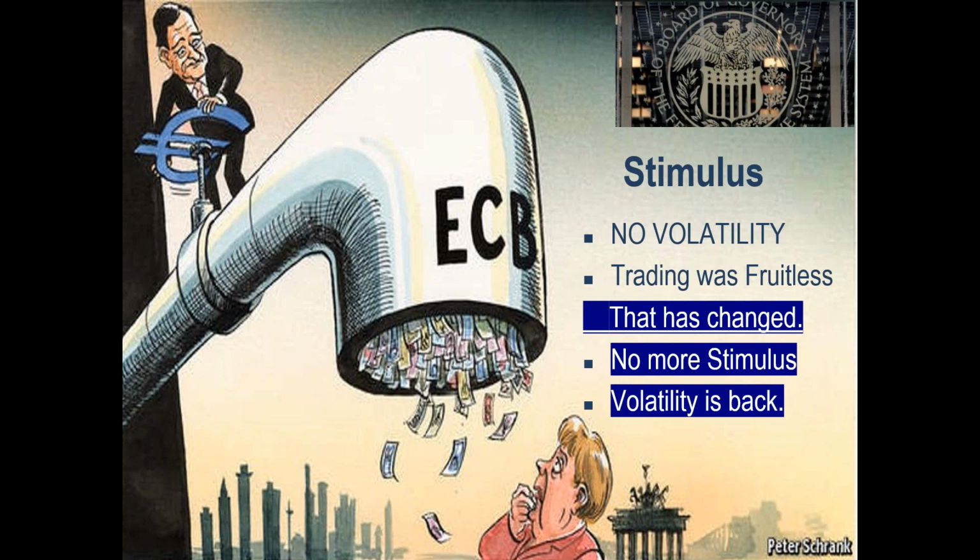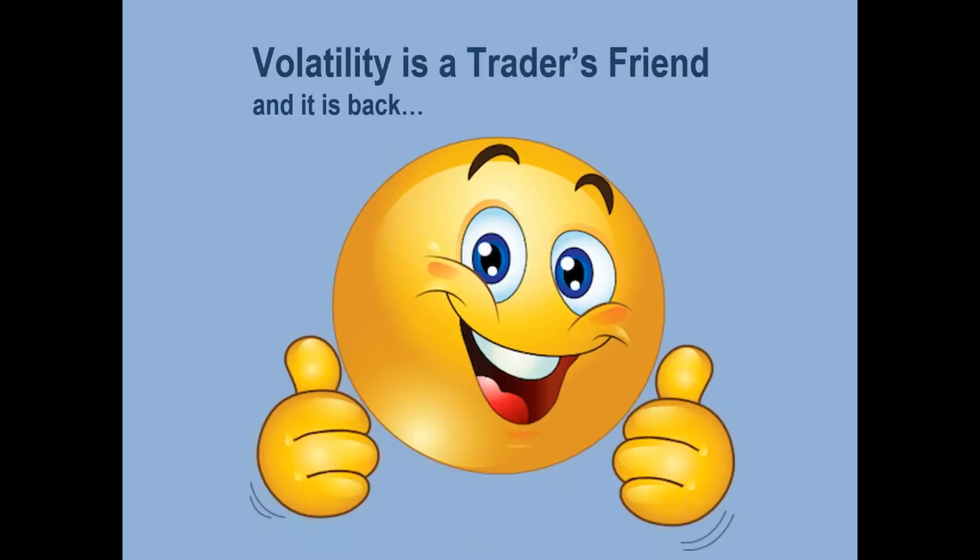Stock markets normally have degrees of volatility. We didn't see that for years leading up to 2018, but now that's changed. And with that, volatility is back, and volatility is a trader's friend. So part of what we're doing here is also embracing opportunity, embracing a changing of the guard again, if you will, back to more normal conditions now that stimulus is over.